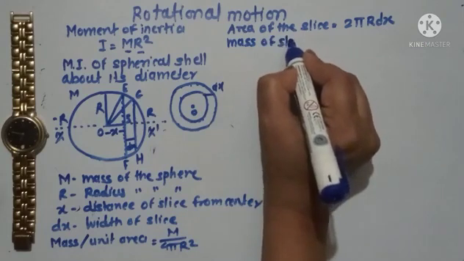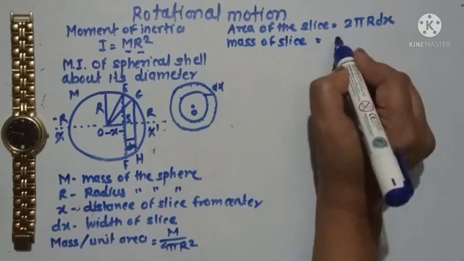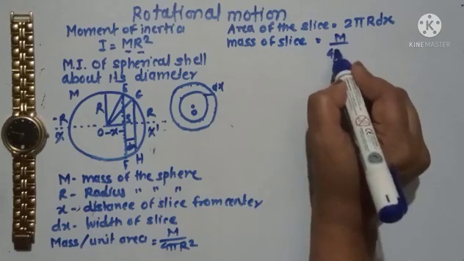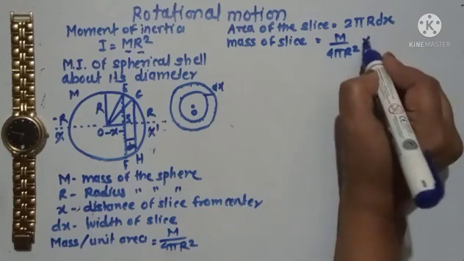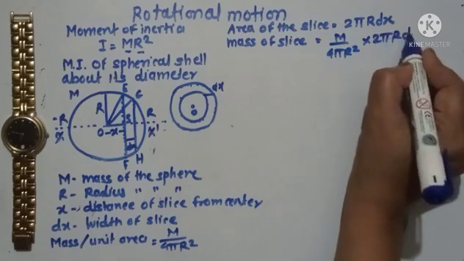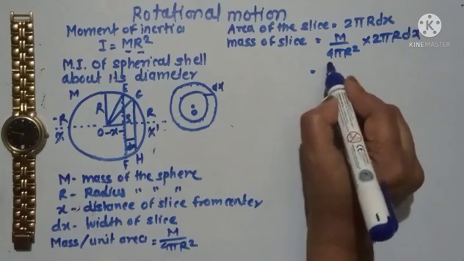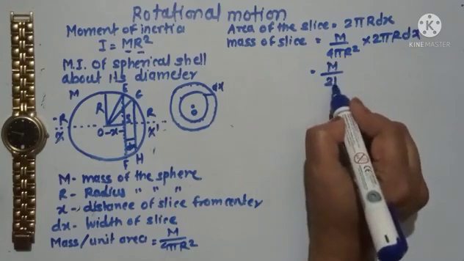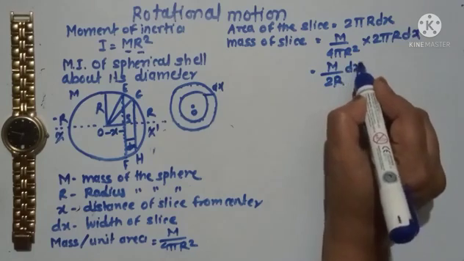Mass of the slice can be given by M upon 4πR² multiplied by 2πr dx, which will give us M upon 2R dx.